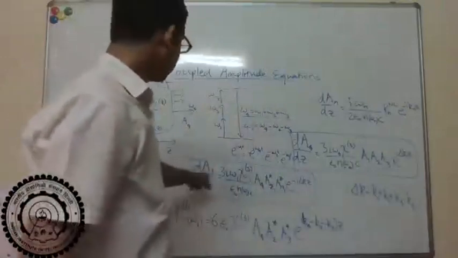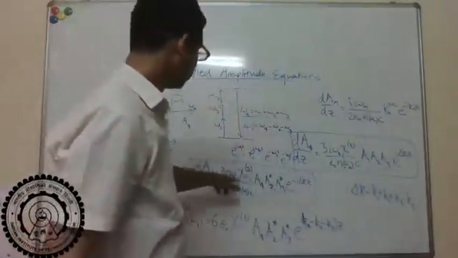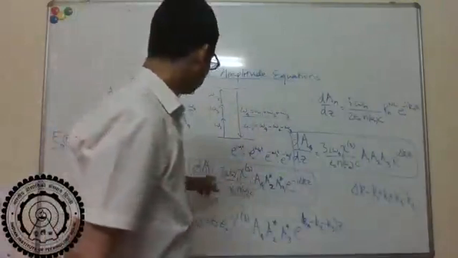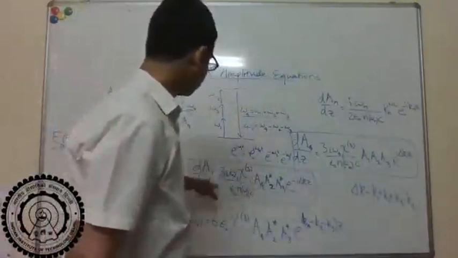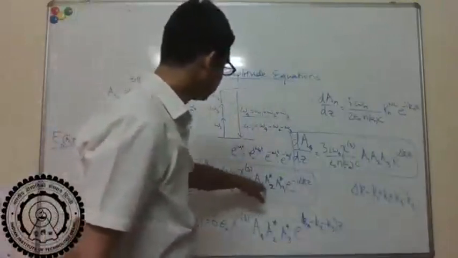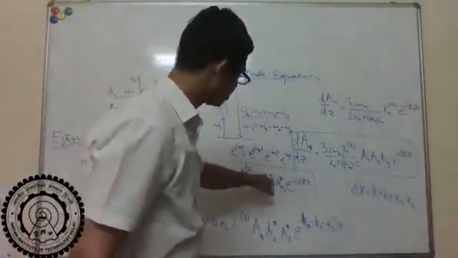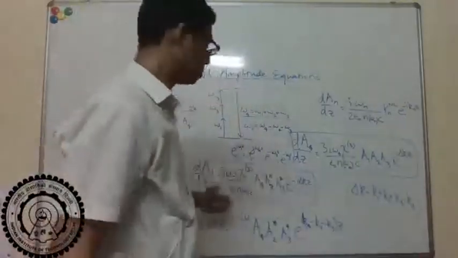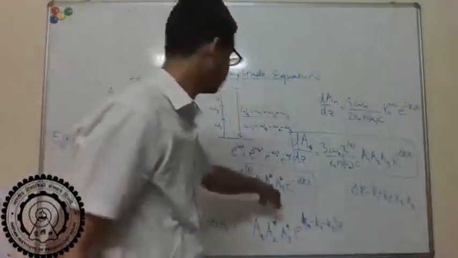And similarly for 2 and 3, you can just replace 1 by 2 and 3. So for 2 you get dA2 by dz, here all these will become 2, and then here you get A4 A1 conjugate A3 conjugate. Right, similar for 3, you get 1 and 2 here.